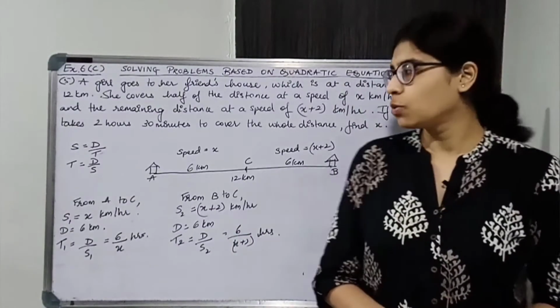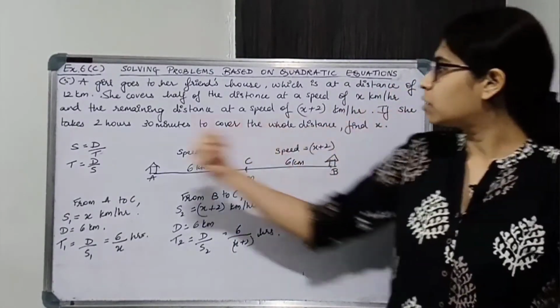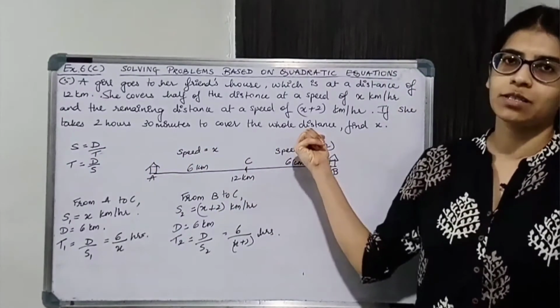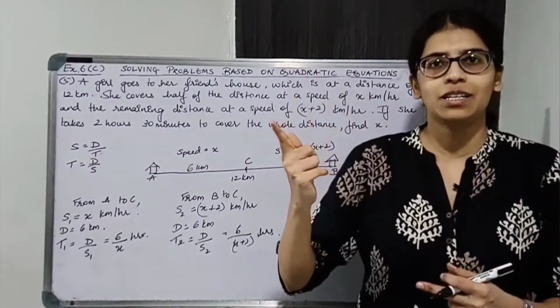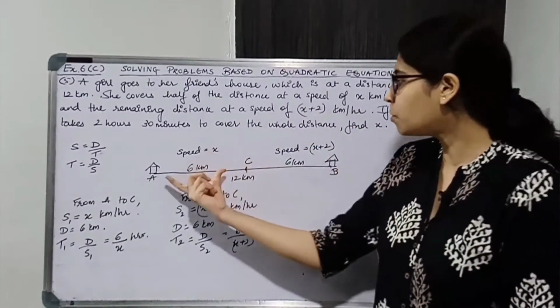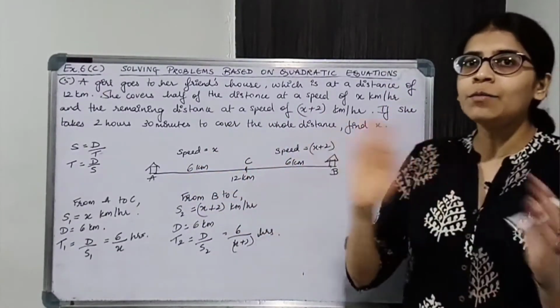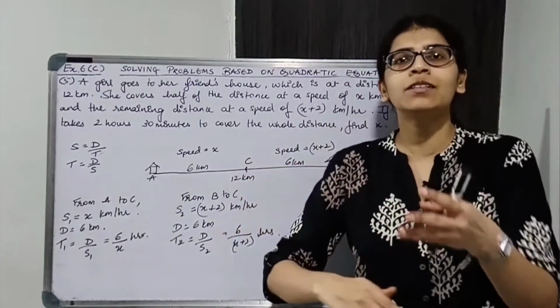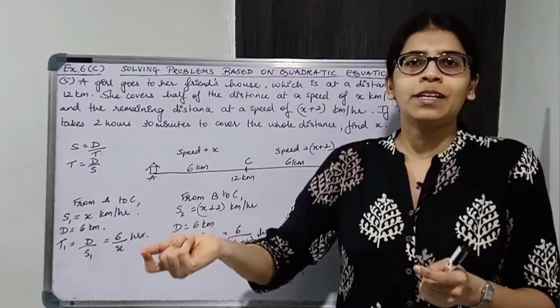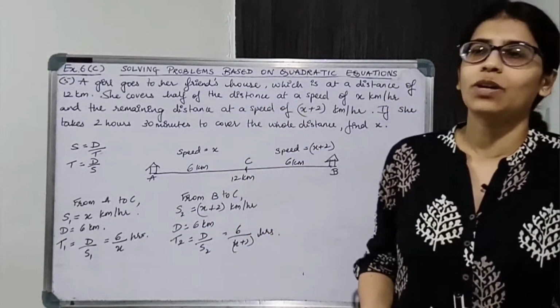Now, the time taken. She takes 2 hours 30 minutes to cover the whole distance. Over here, time difference नहीं है. Okay, the difference in the time taken from here to here and here to here, time difference is normally given to you. If the speed is increased, time has decreased and so on. So that is normally given to you. But यहाँ पे क्या दिया हुआ है?